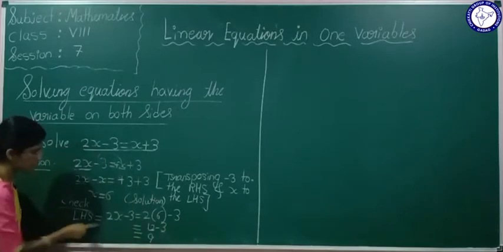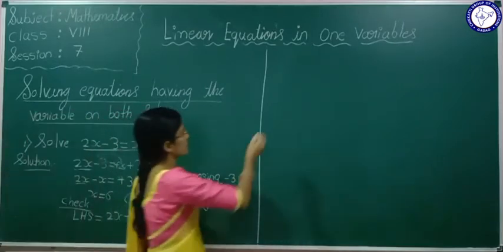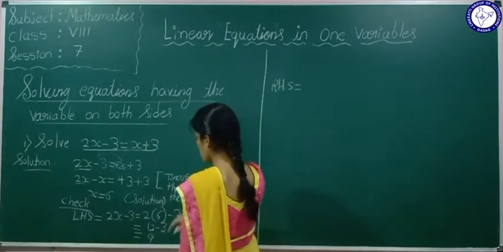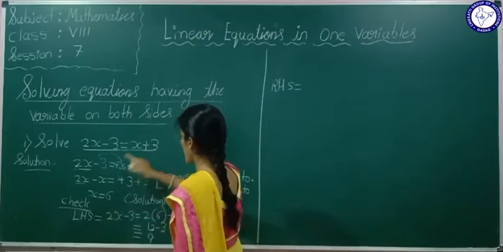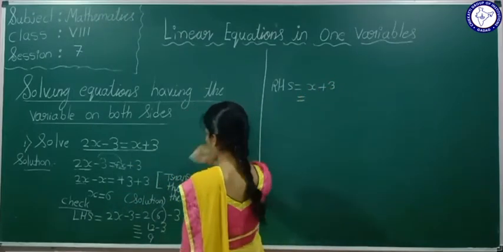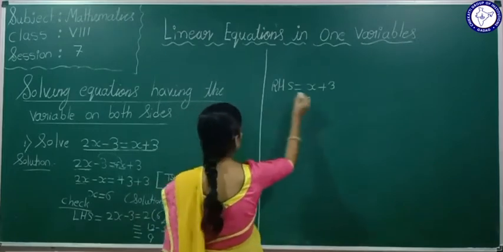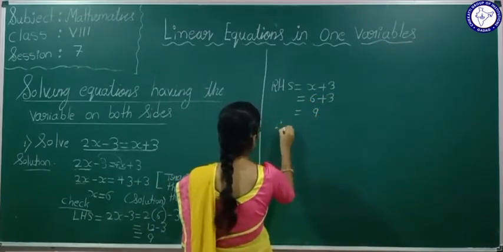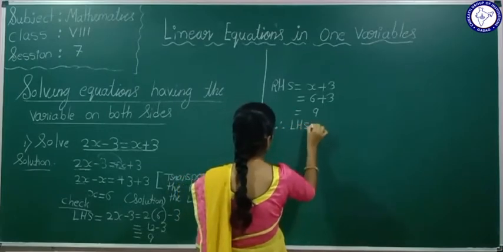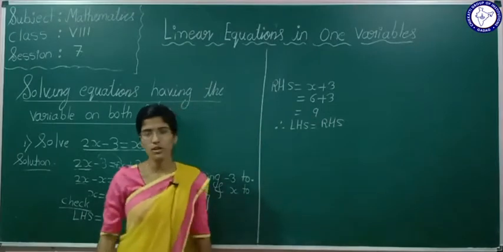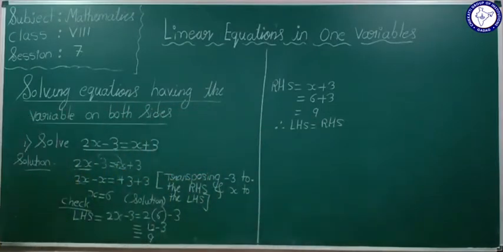LHS we got 9. Substitute the value in RHS: x plus 3, x value we got is 6, so 6 plus 3 is 9. Therefore, LHS is equal to RHS, which means our answer is correct. Yes or no?